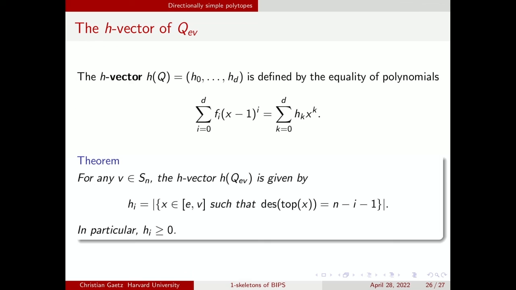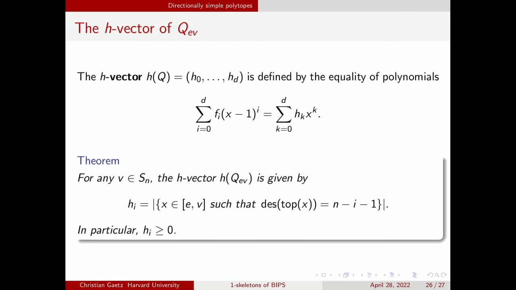But a consequence of the upper simple property is that these h vectors still do have an interpretation, and in particular, they still are positive. The h vector can be described via this top map. It's just counting the tops of the equivalence classes by their number of descents. For example, in the case of the entire permutohedron, each equivalence class is trivial, so top of x is always just x.